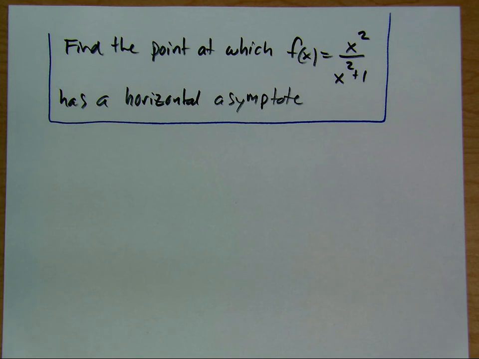All right, so we just have to find out when the slope is 0 and then find the y value. So let's find the derivative.